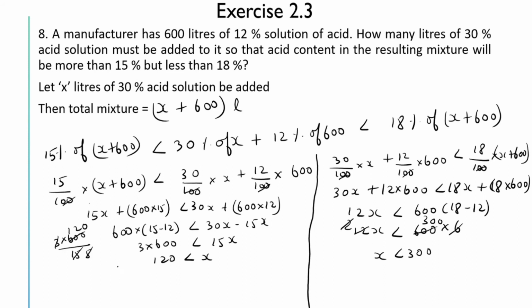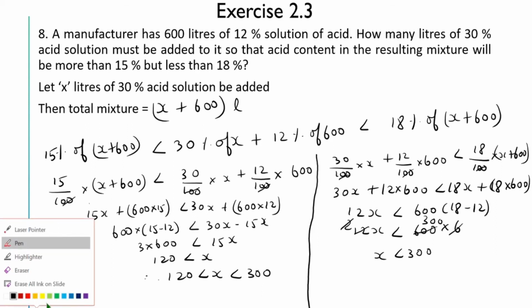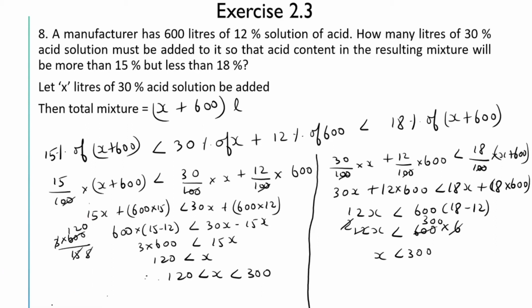Therefore, we got 120 less than x less than 300. So the number of liters of 30% acid solution should be more than 120 liters but less than 300 liters.